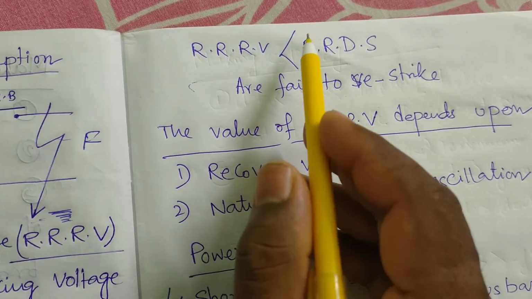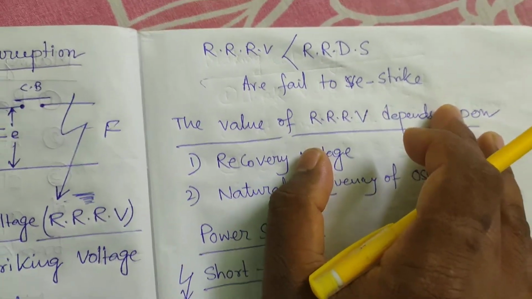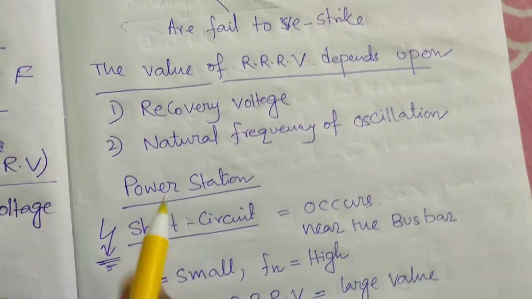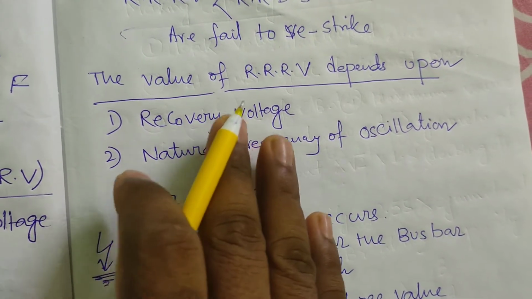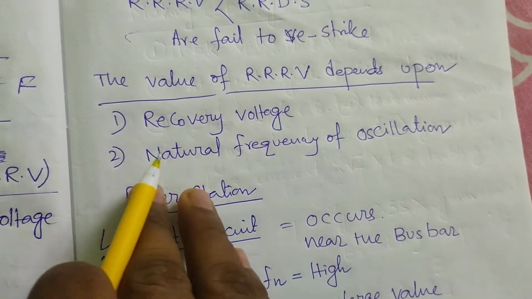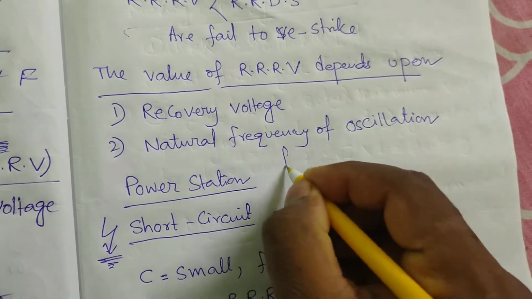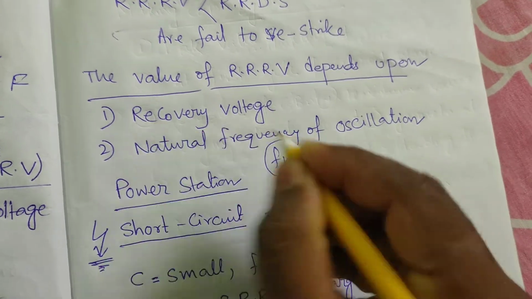If RRRV is less than RRDS, the arc fails to restrike. RRRV depends upon the recovery voltage and the natural frequency of oscillation, where Fn is the natural frequency of oscillation.